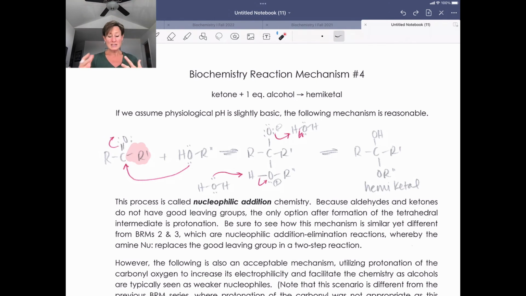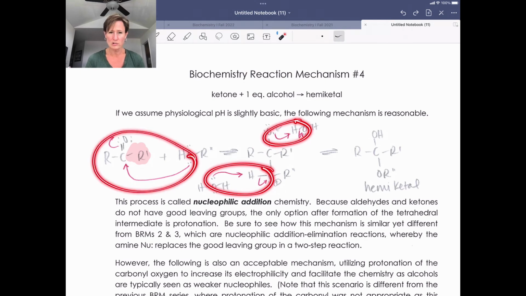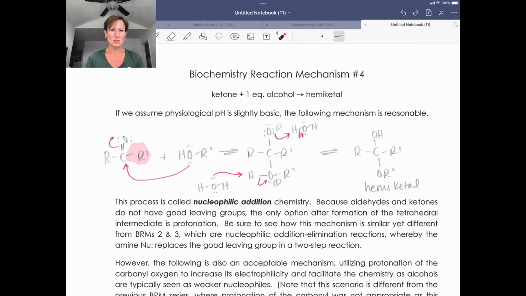Notice how, looking here, I'm seeing 2 sets of arrows. I always see arrows in pairs. Arrows start at electrons, bonds or lone pairs, and they go to atoms. You will always see that, and that's again how I very quickly can tell if there's something that's not right with a mechanism. So nucleophilic attack, form a tetrahedral intermediate.